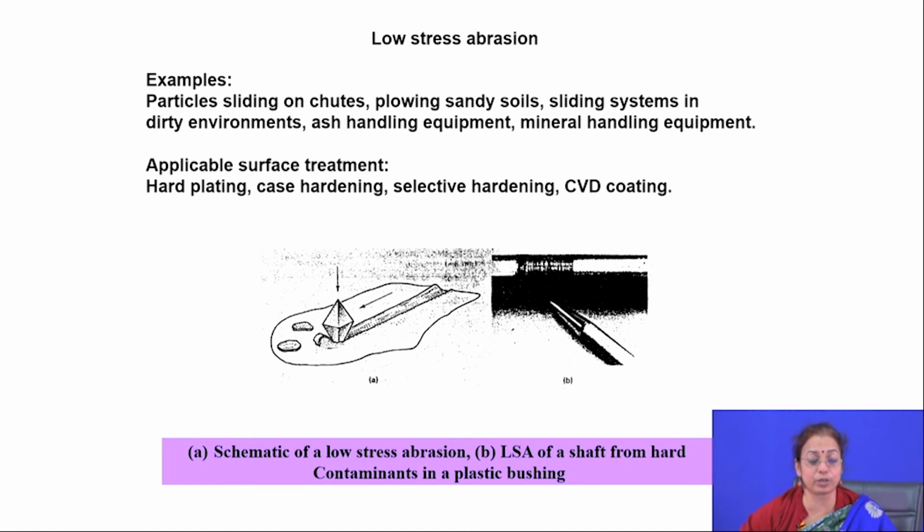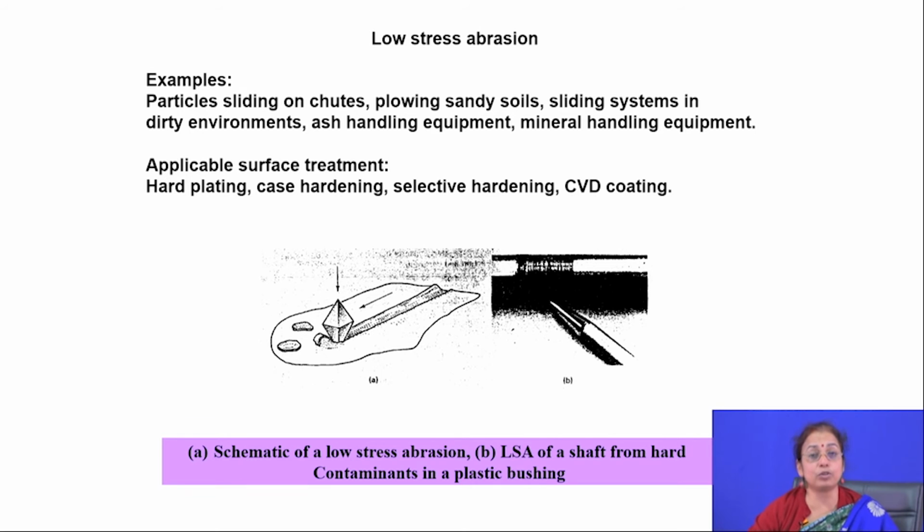Even though it is a slower process, it will cause the overall degradation or failure of the component in a progressive fashion, and you will also lose the structure to a large extent. So, you have to think of the preventive measure, or the way by which you can minimize this kind of wear.